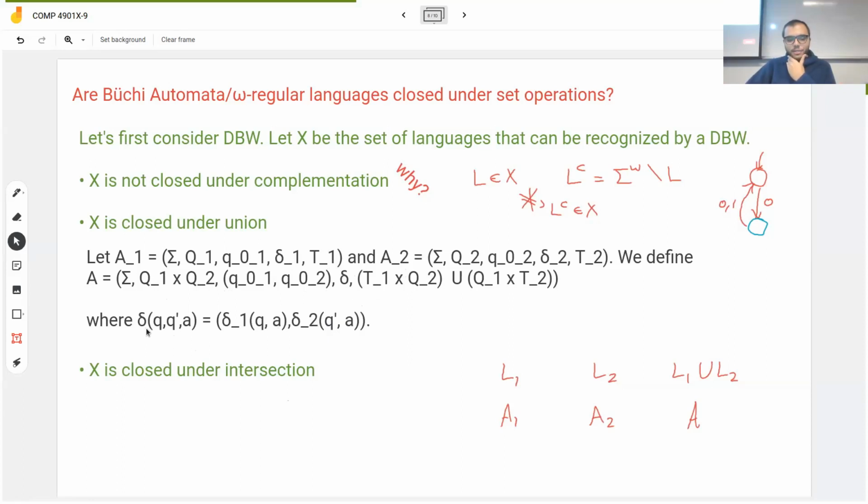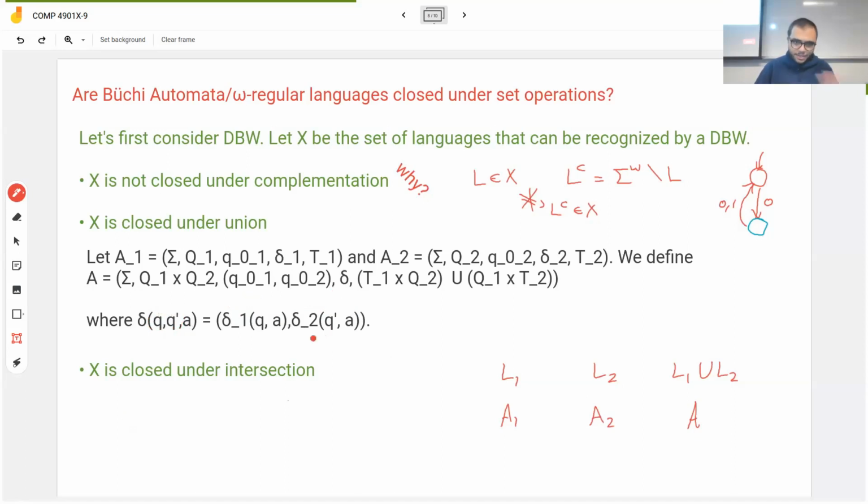The transition function is also like the product. It says that if in the first automaton, from the state Q reading the letter a, you would go to another state, let's call it alpha, and in the second automaton, from the state Q prime reading a, you were supposed to go to a state beta, then in this new automaton A, from the state (Q, Q prime), because every state is a pair of states, reading a, you go to the pair (alpha, beta).